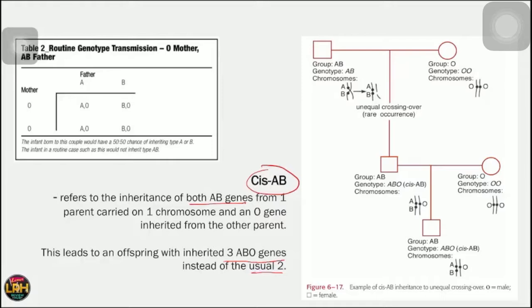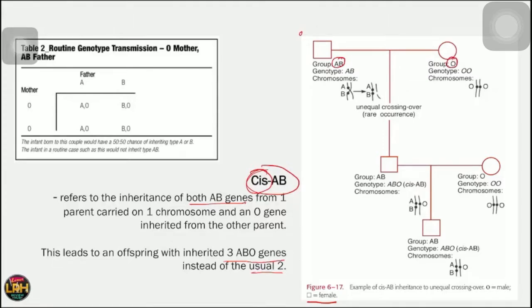So we use the term cis-AB to distinguish the mode of inheritance from the more usual type AB phenomenon in which the alleles are located on different chromosomes. In this table, you can see a type AB female and a type O male.